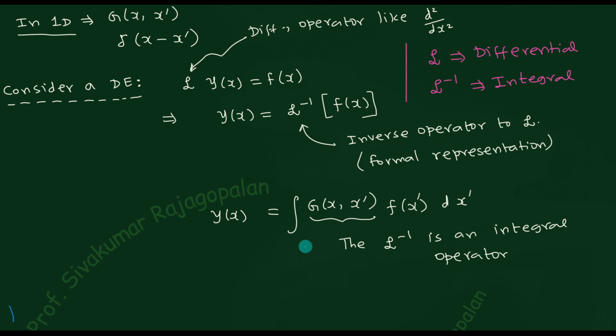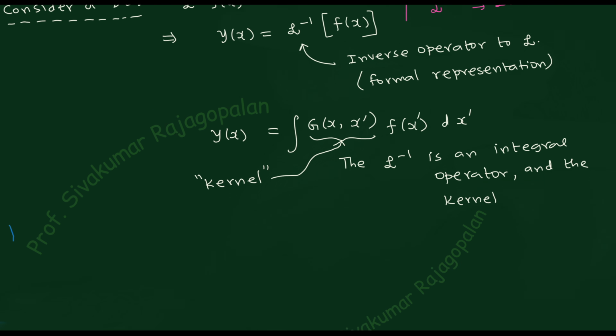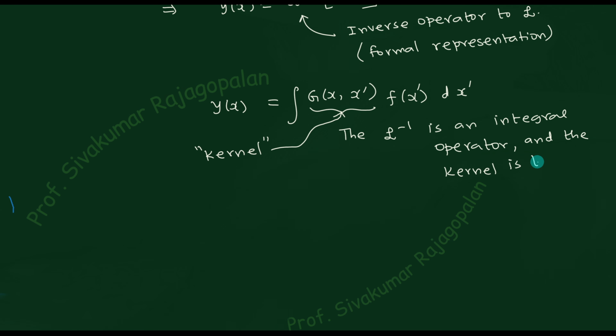There is a name given to the quantity inside the bracket, and we will call that by the name kernel. It is standard terminology in integration. Whenever an expression operates on something, that is called the kernel. Kernel means the quantity that operates on the function to perform the integration.